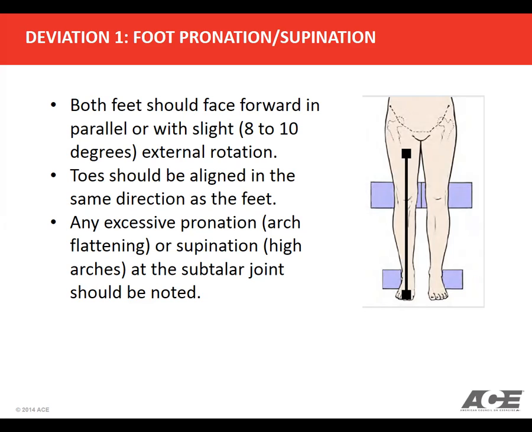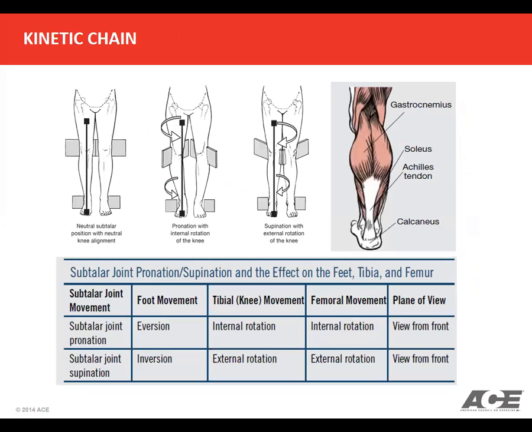All right. So you can look at the neutral, you can look at pronation and supination. Again, you can see that there's a rotational component that happens with that, okay? And like I said, we don't worry much about supination when it comes to movement.